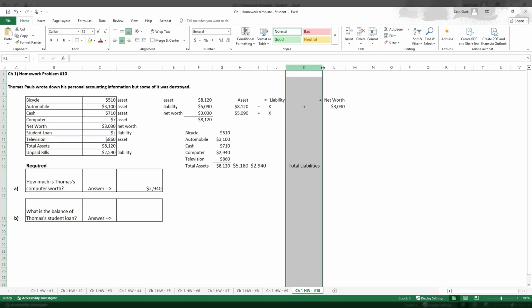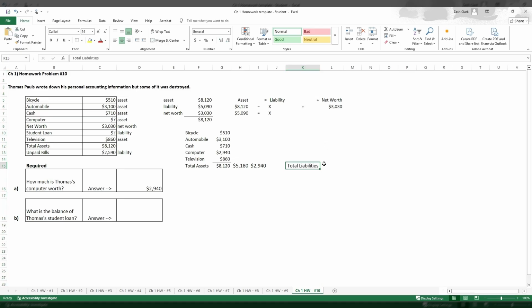You can stretch the column, or you can also just double click on the side and it will expand to fit. Okay, and we know our total liabilities because we calculated that above, and that was 5,090. Let's put a little line there above that.